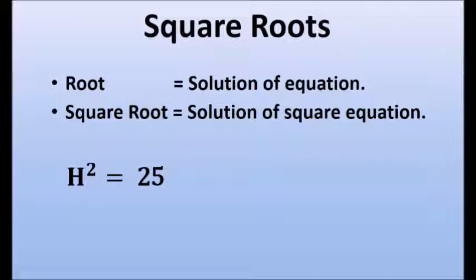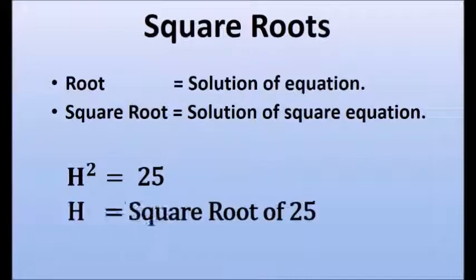So the value of h that solves this equation is called the square root of 25. In other words, the root or solution of the square equation that equals 25. It is written like this by using something that looks a bit like a division symbol. And in fact, we're actually looking for a number that divides into 25 in a special way.